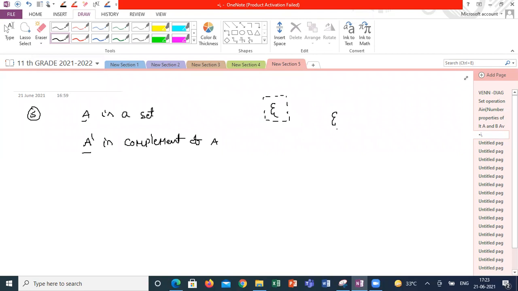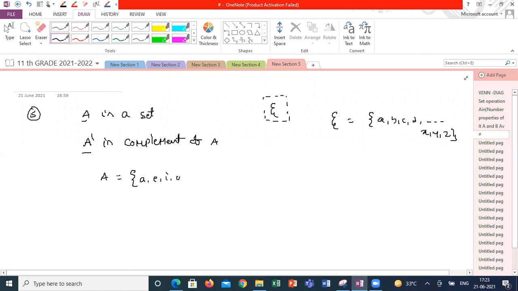Suppose my universal set is equal to all the English alphabets A, B, C, D, and so on, X, Y, Z, for example. So if A is equal to {A, E, I, O, U}, what is the A complement?